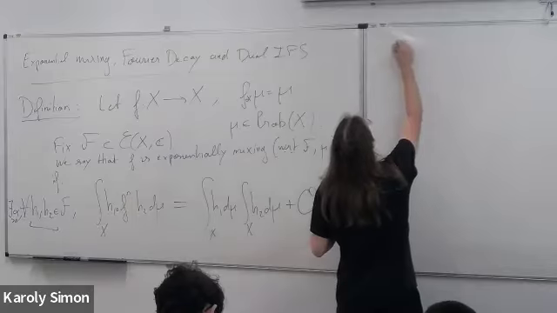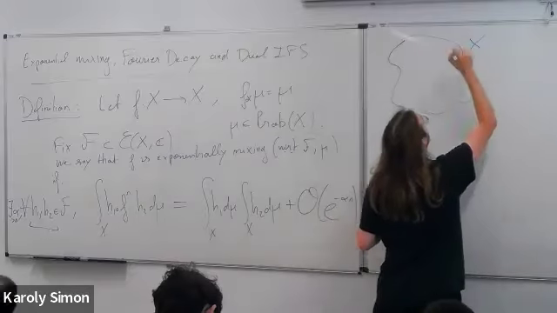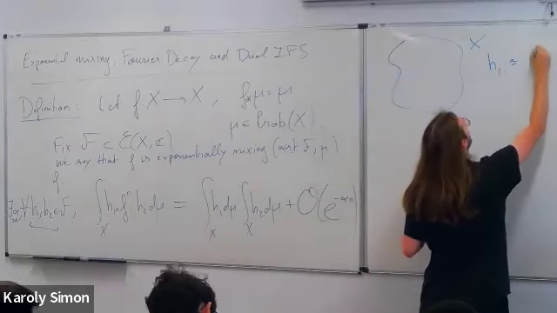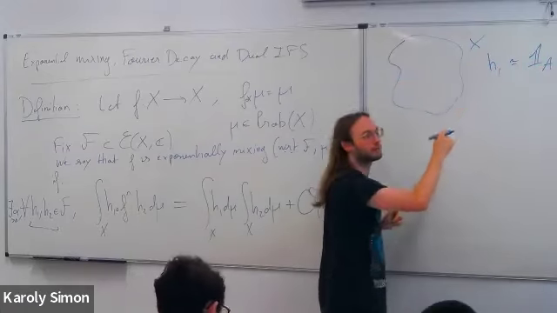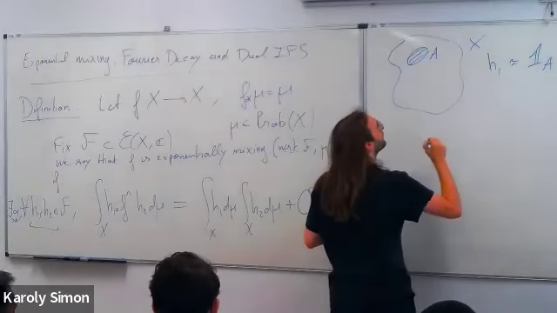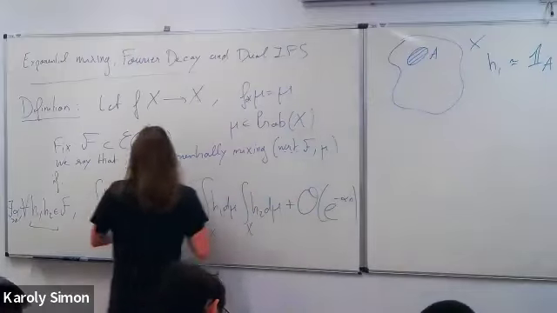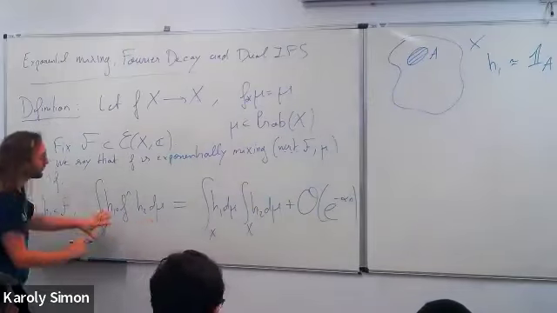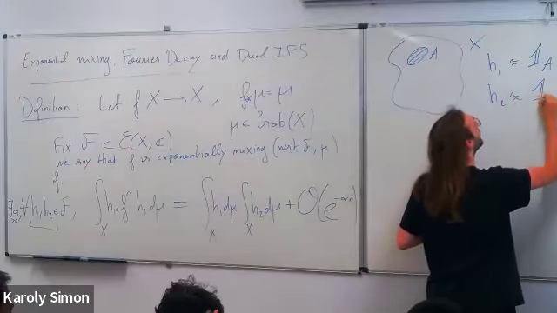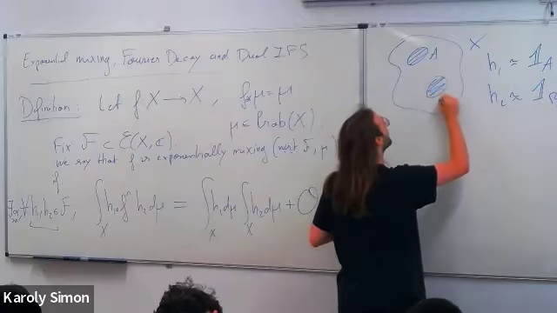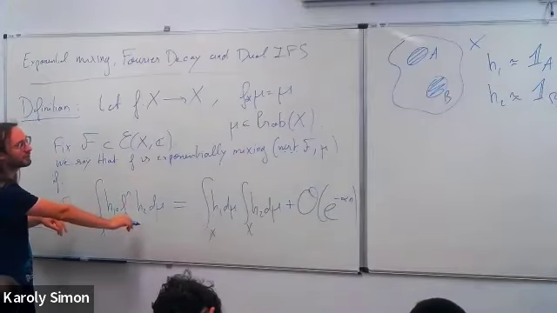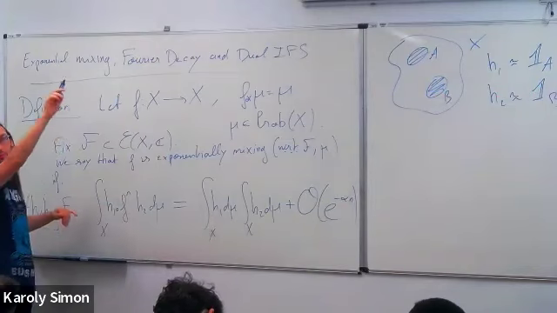For example, if your phase space is S, you can take H1 to be something that looks like a characteristic function of some set A. You can make it continuous if you want. And then this is the probability. Let's take H2 the same for some other set B. In this case this is the probability of starting from B and falling in A after n steps.